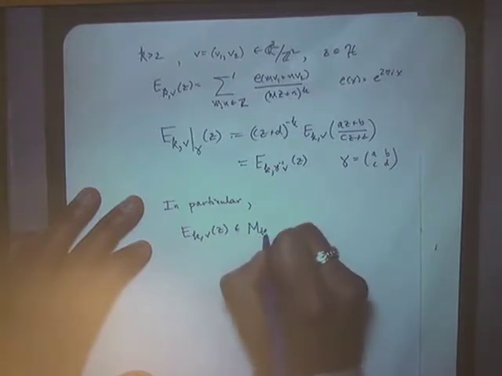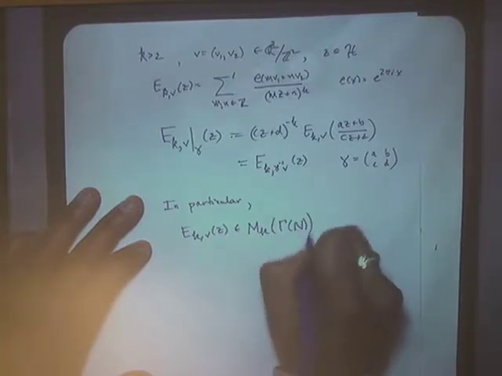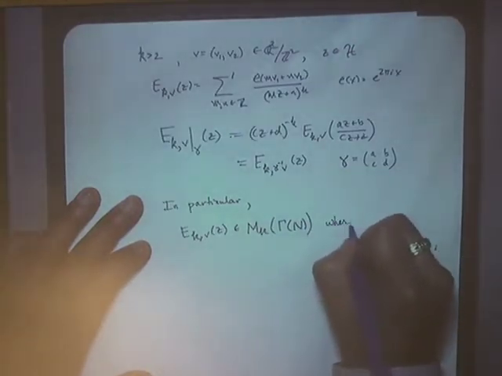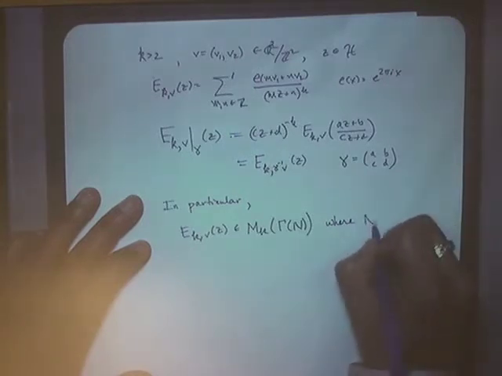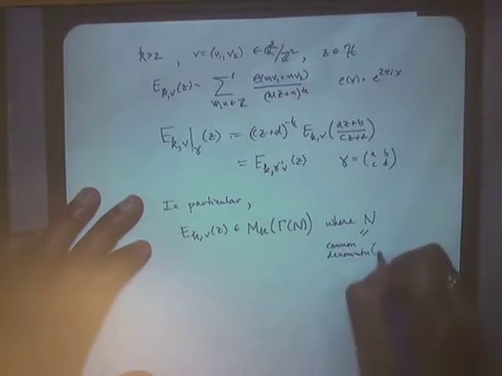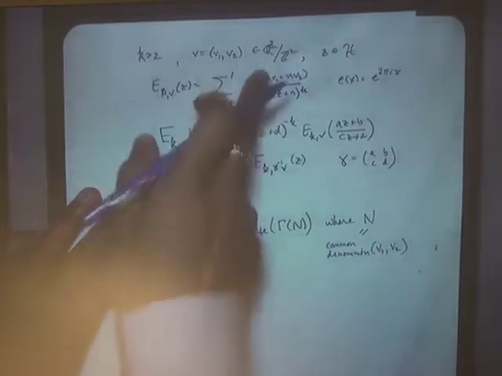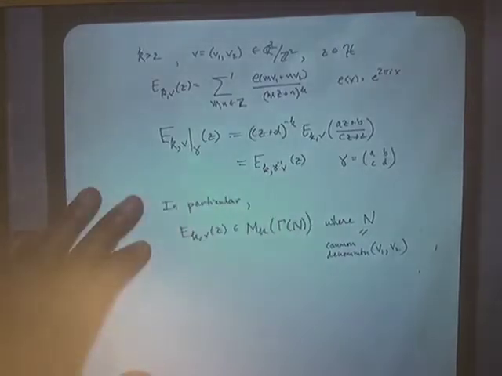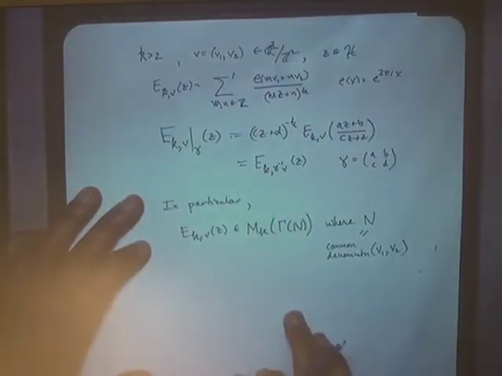Okay, so it's a modular form on gamma(N), so matrices that are congruent to the identity modulo N, and where N is equal to a common denominator of v1 and v2, because then gamma times v is equivalent to v mod Z squared, and therefore, just by applying the fact that these are equal, I'm saying that it's invariant under the weight k slash operation of gamma. Okay, so that's a bit of notation for the Eisenstein series.